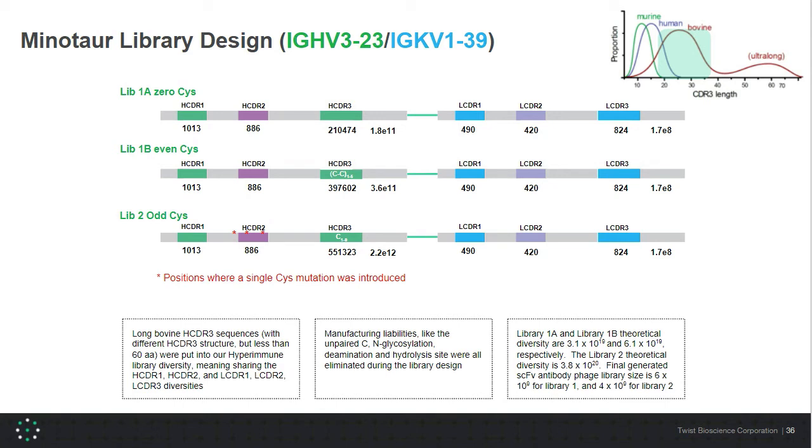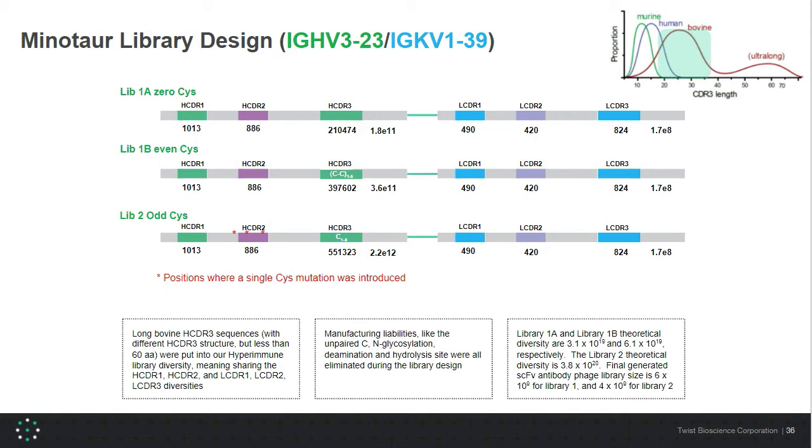The second one is built where we pulled all the heavy chain CDR3s that have a disulfide built into the heavy chain CDR3. So again, long heavy chain CDR3s with a disulfide was our second library, which we call the even library.